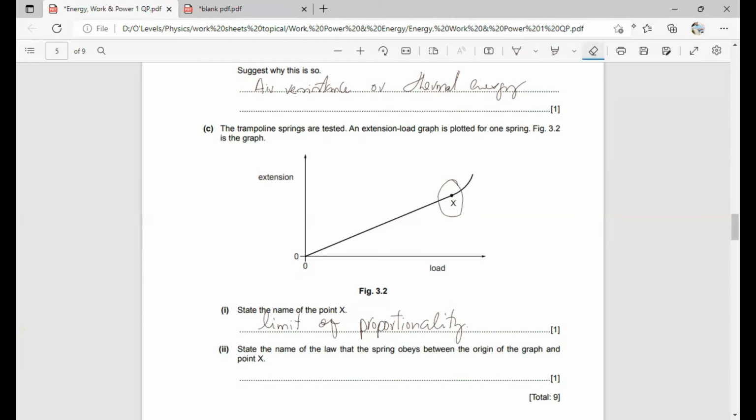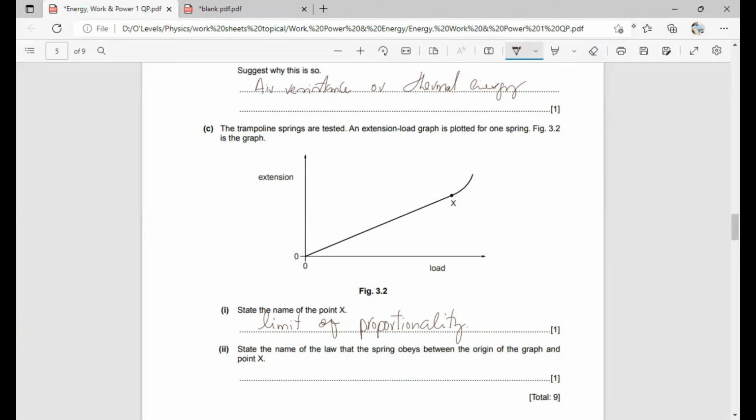After this point, you will observe in the graph that the graph line does not go straight. That means your body may deform or change its shape. If it is moving along a straight line, then this is under the proportional region.